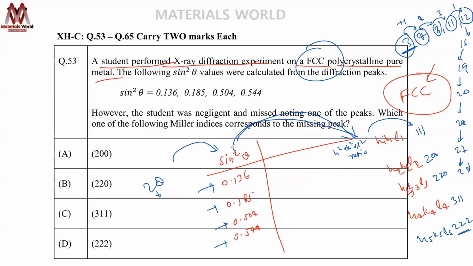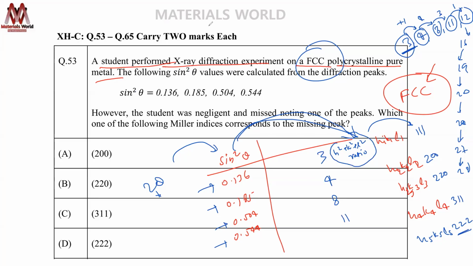If we get this ratio 3, 4, 8, 11, then I know it is 1, 1, 1, 2, 0, 0, 2, 2, 0, and it is an FCC structure. So the major task is to find out the H square, K square, L square ratio.